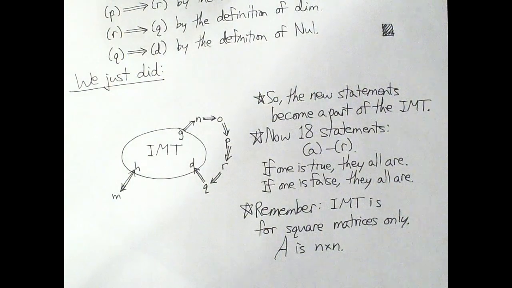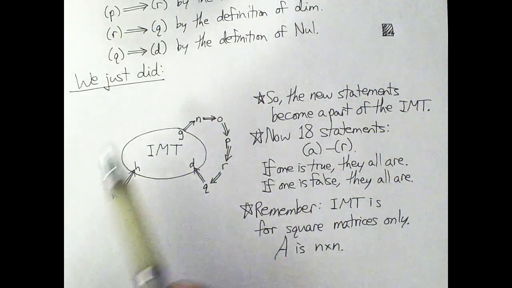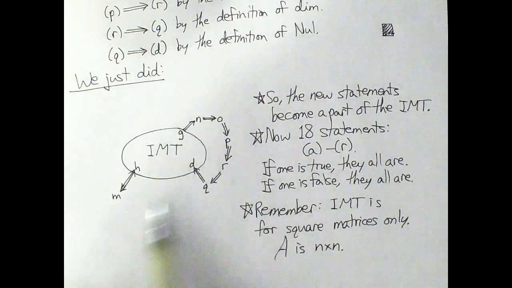Now, if you have a matrix that's not square, some other rectangular shape, can some of the things in the IMT be true? Sure, some of them can. But the theorem is talking about them all being all true or all false. That's for square matrices only.